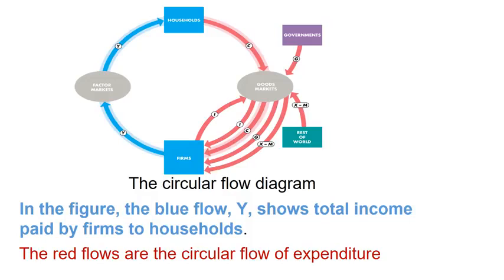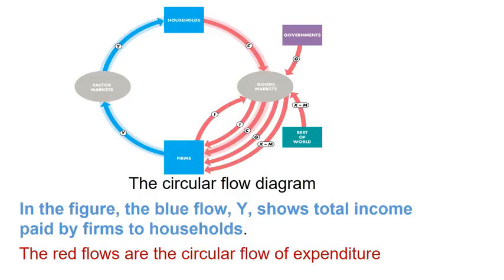The blue one represents the total income paid, the income approach, and the red one represents the circular flow of expenditure. This approach, the red, should be equal to the blue.